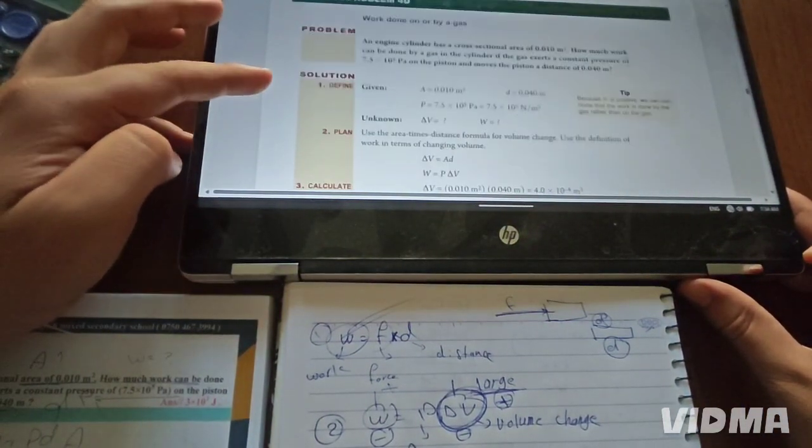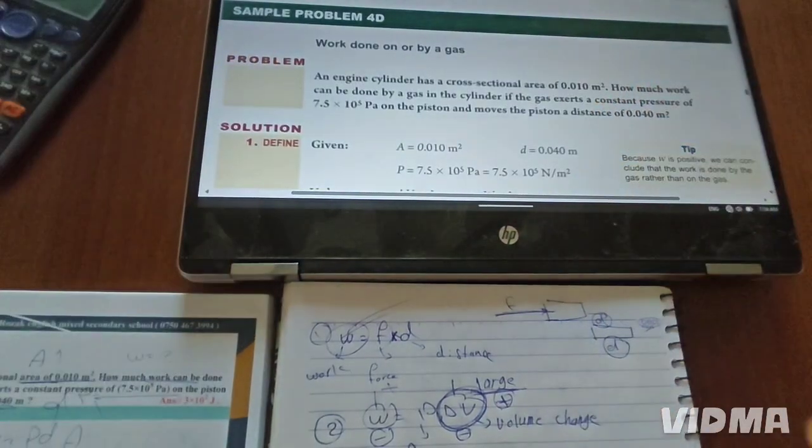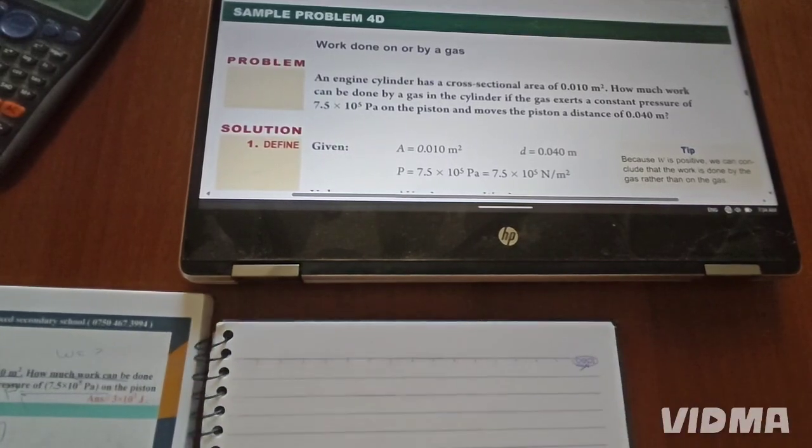Now we are going to solve example number 1. Be with me now. Question 1.